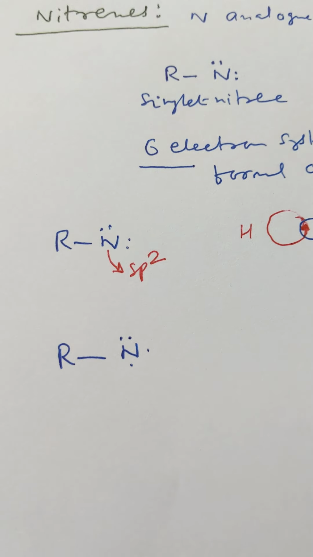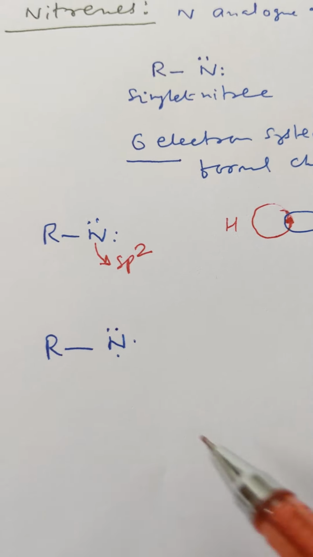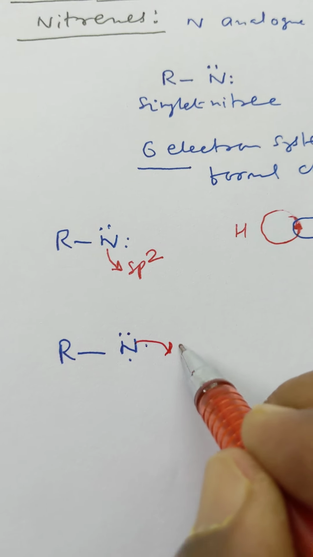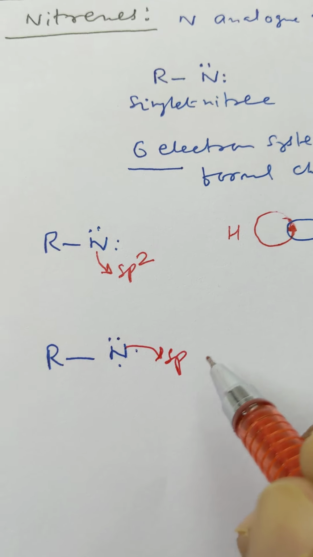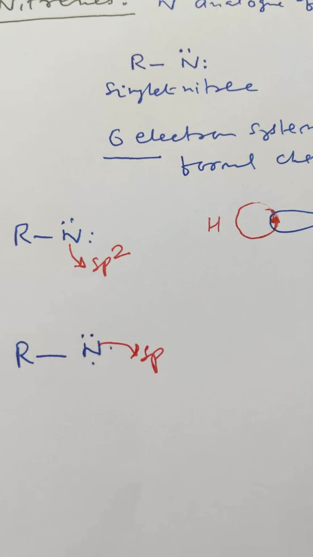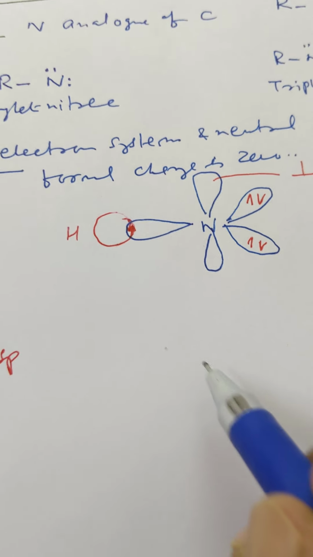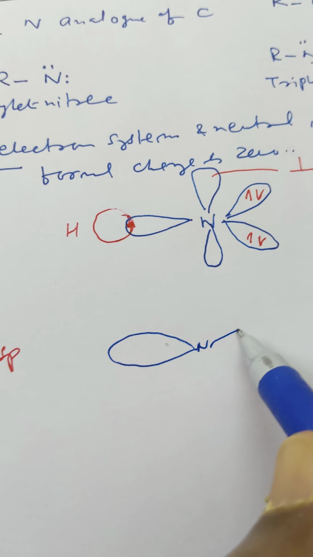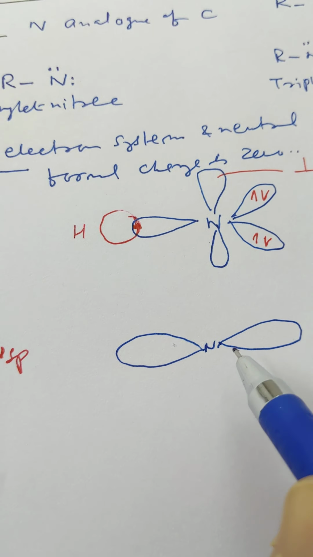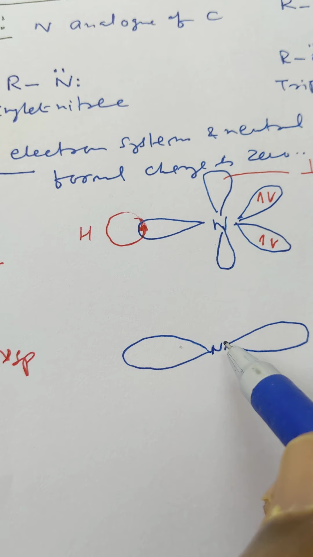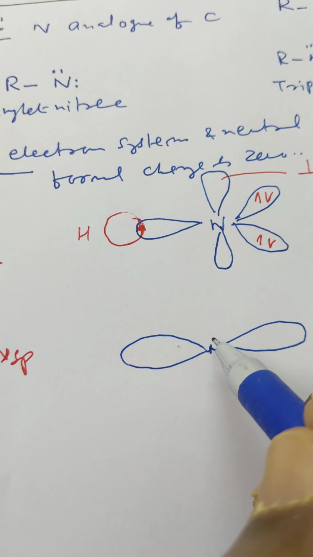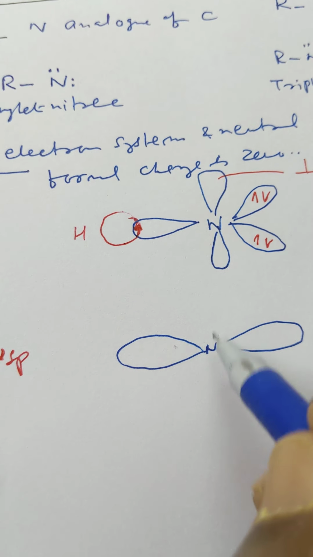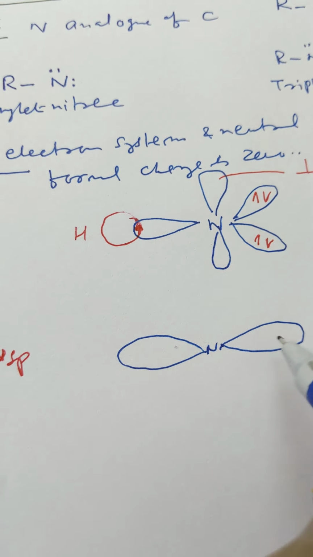Now in this case of triplet nitrene, this nitrogen is sp hybridized. Now you know sp hybridized means there will be 2 hybrid orbitals at an angle of 180 degrees, and there will be 2 perpendicular p orbitals which are perpendicular to themselves and perpendicular to this hybrid orbital.